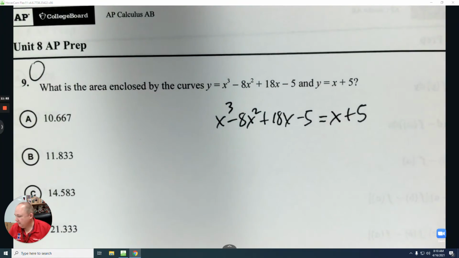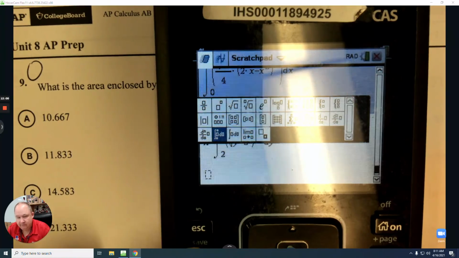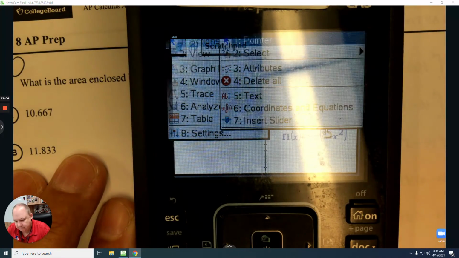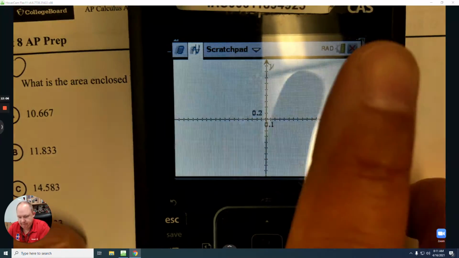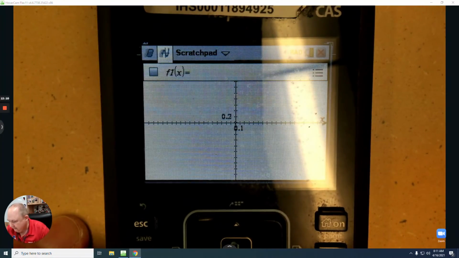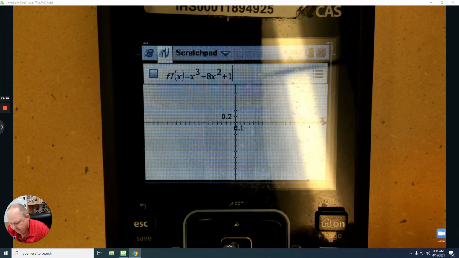So what would I do with my calculator to do this? There's my calculator. I'm going to graph it. Can we do that together? I already have something there, so I'm going to erase it. I'm going to press tab and type in the first one, x cubed subtract 8x squared plus 18x subtract 5.